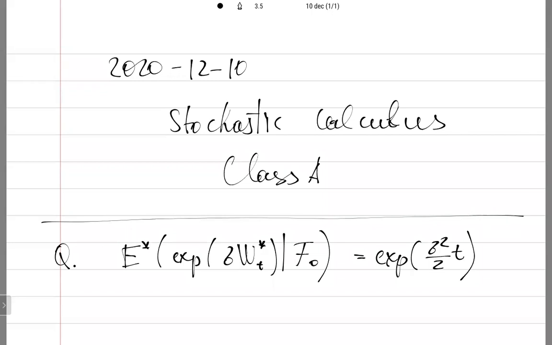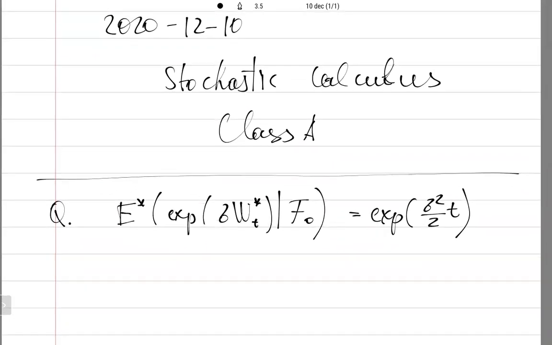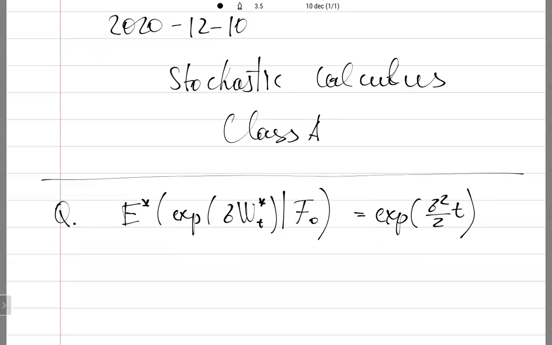But if we, for example, have not F0 but F1, it would be different, right? Yes, it would be different.